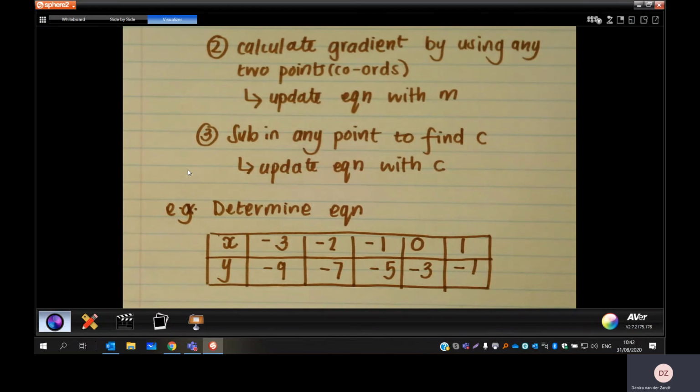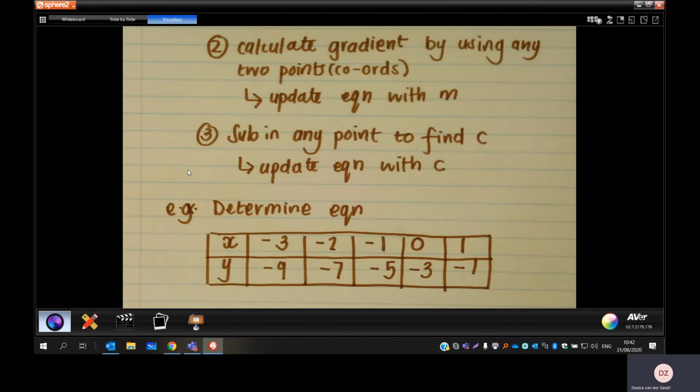So when you go through your functions booklet, your notes on this say specifically any 2 points next to each other. But if they are all on the same straight line, you should use any two, and it should give you the same answer. If you use ones and it doesn't give you the same answer, then it means it's not a straight line.